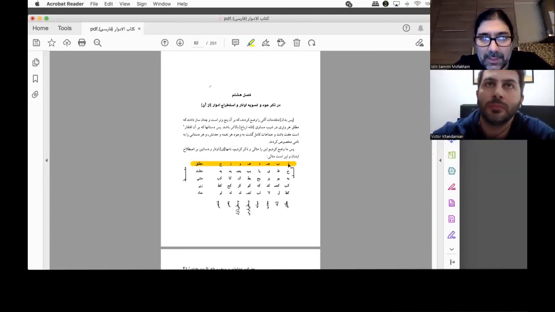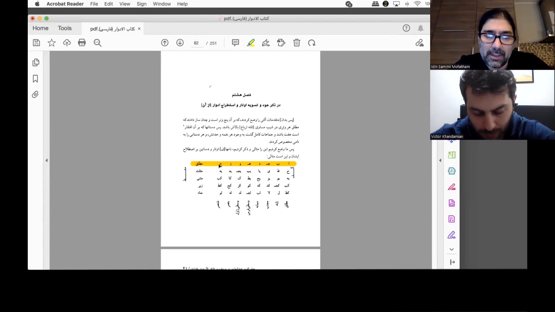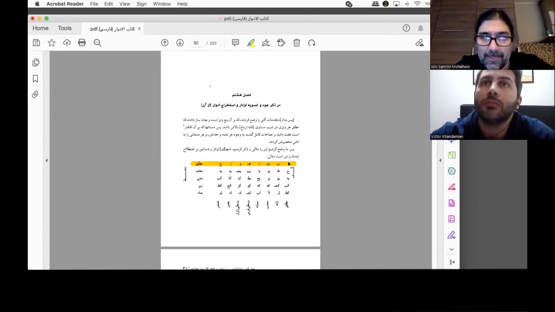And these are the letters: A, B, G, D, H, W, Z, H, or different kinds of H. The interval between this A and this one is a perfect fourth, and between them there are 1, 2, 3, 4, 5, 6 other pitches.